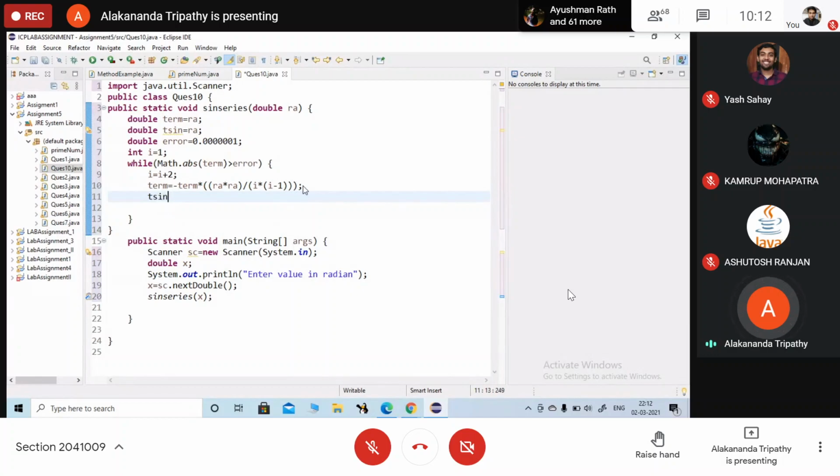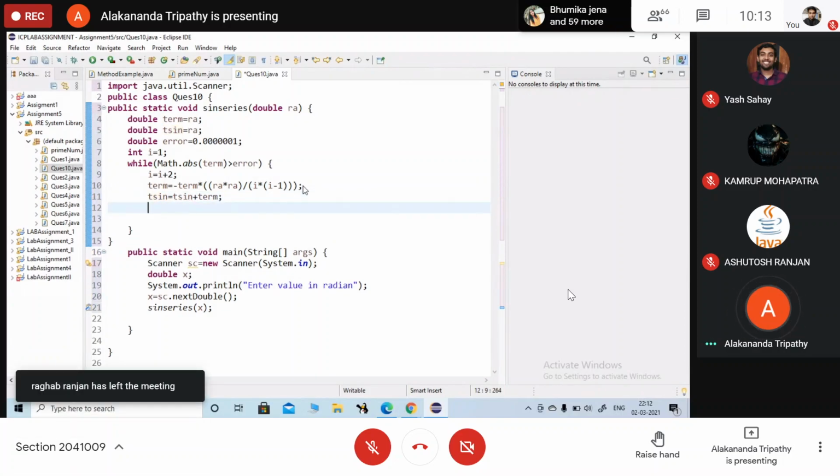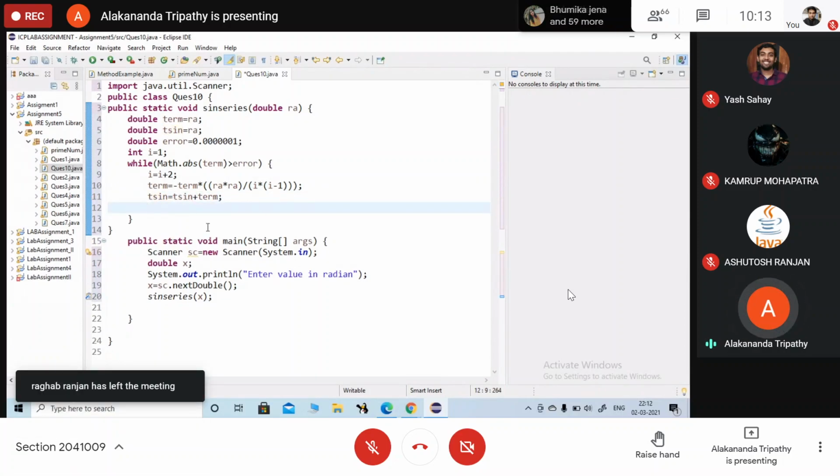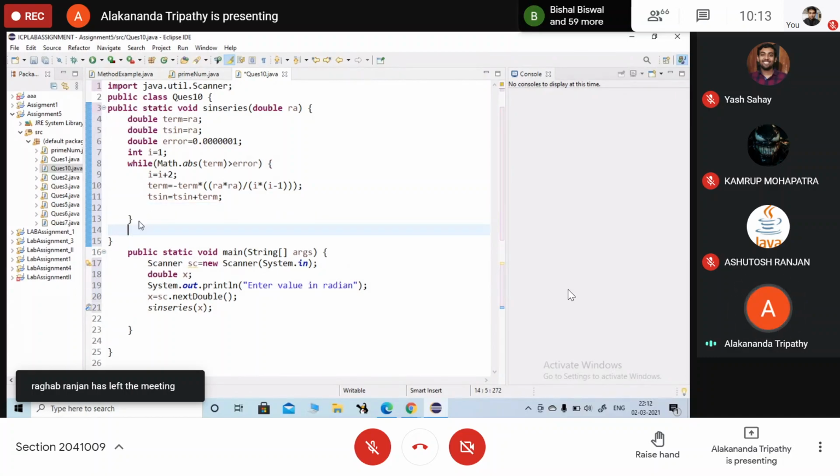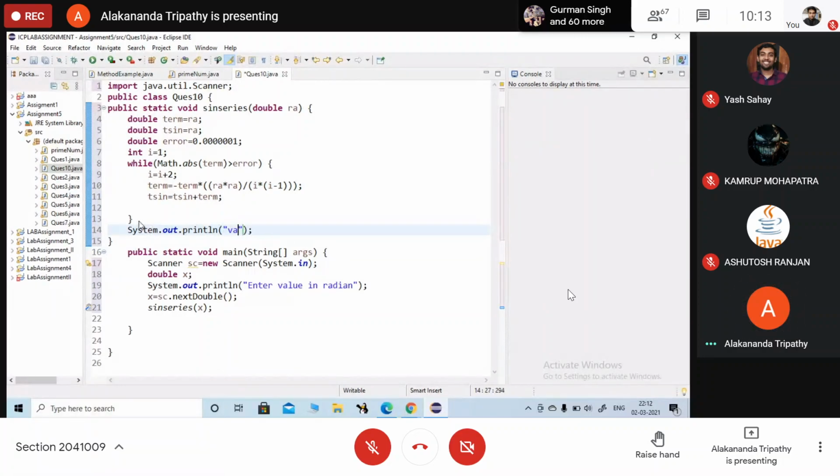A sine is equals to B sine plus term. So in order to check, value क्या आ गया तुम्हारा यहाँ पर, system dot out dot println, value is plus B sine.